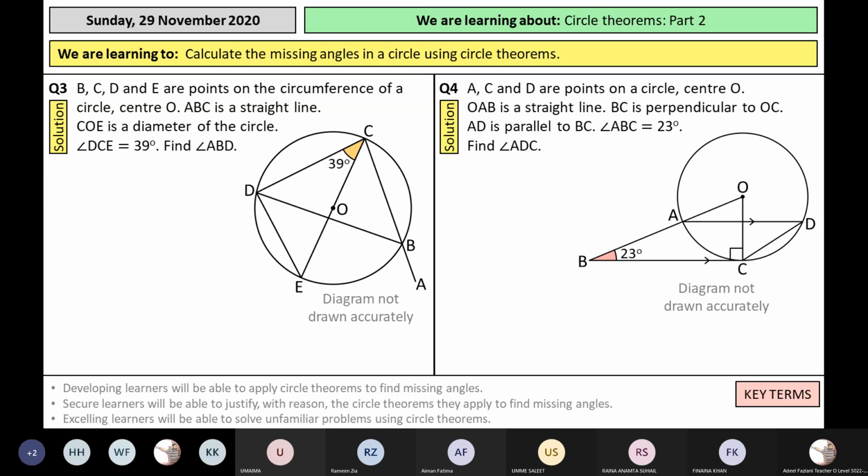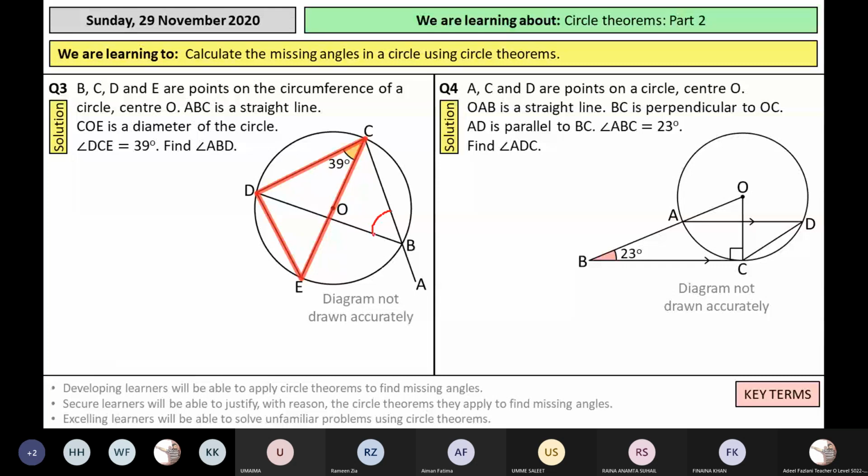Yes, class. What is the answer of question number 3 now? According to you, what is the answer? Sir, I can't solve that. You need to find out ABD. Like you were asked to find out the answer of this one, right?